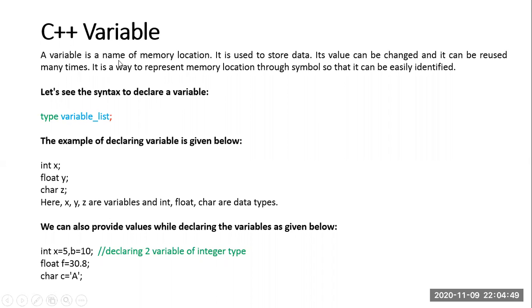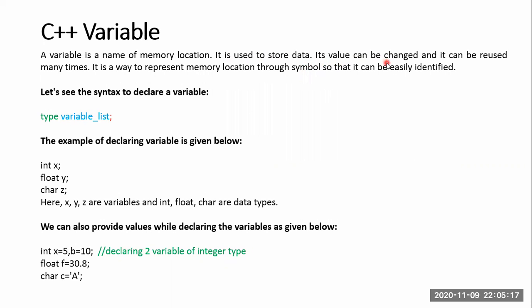The definition of a variable is that a variable is a name of a memory location. It indicates very clearly that when you create any variable, it is used to name the memory location and to store the data. We can store the data inside the memory location.